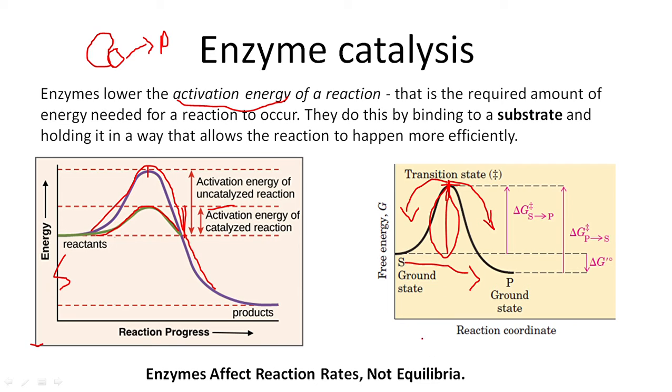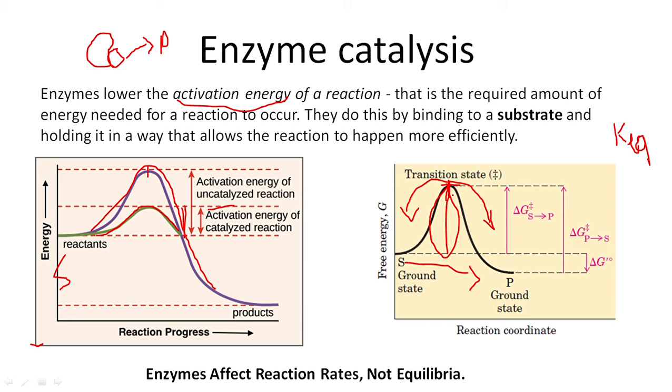So we know that the enzyme does not affect the equilibrium, means it does not favor any type of reaction, like forward reaction or backward reaction. It does not affect the equilibrium constant that is generally denoted by Keq. Enzyme does not affect that, and I have also shown it by the transition state.